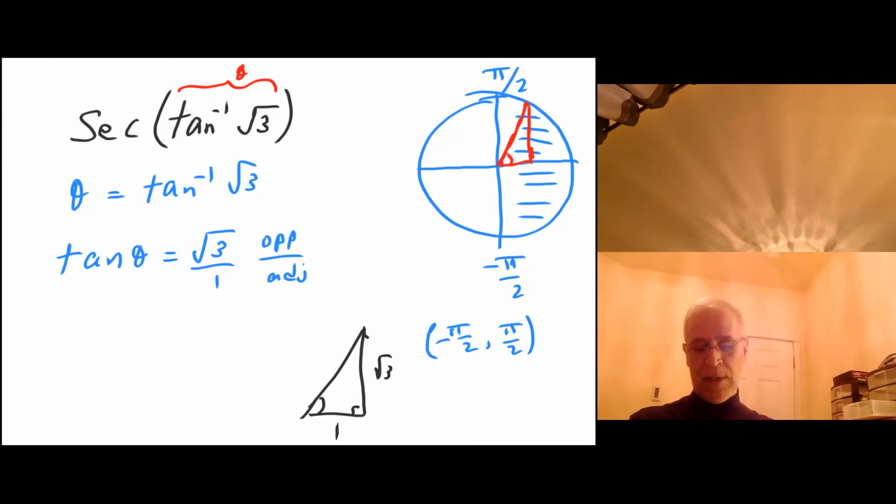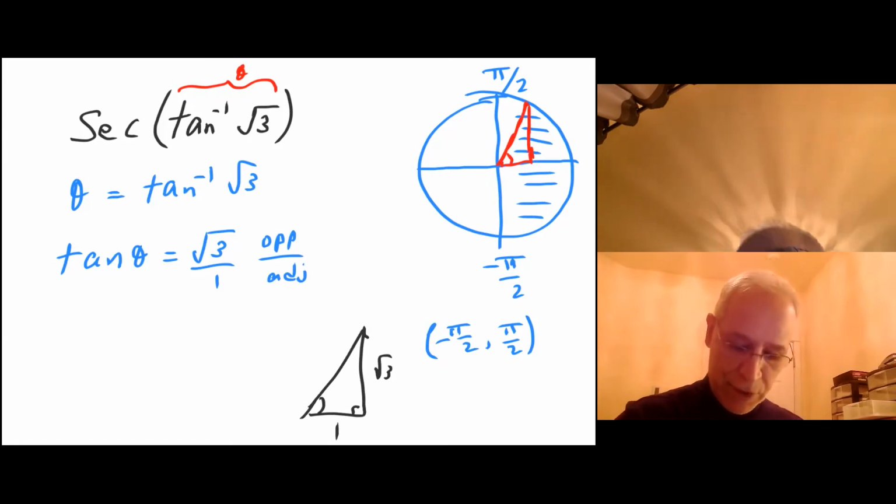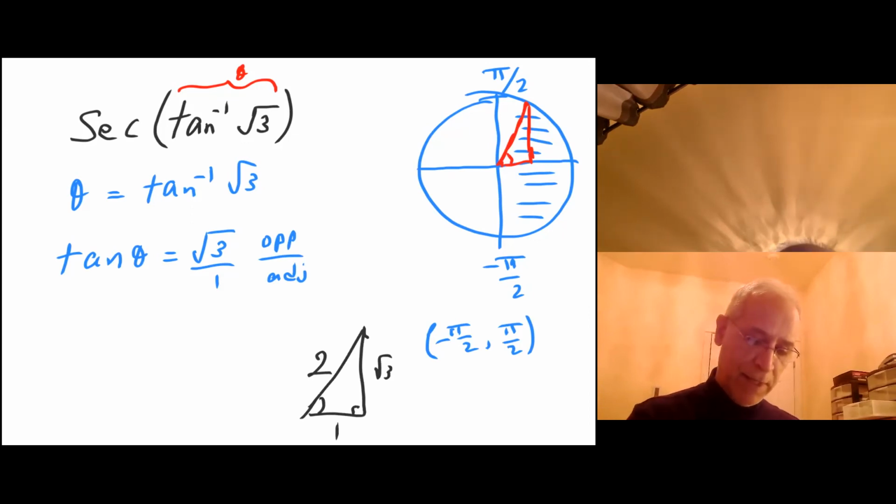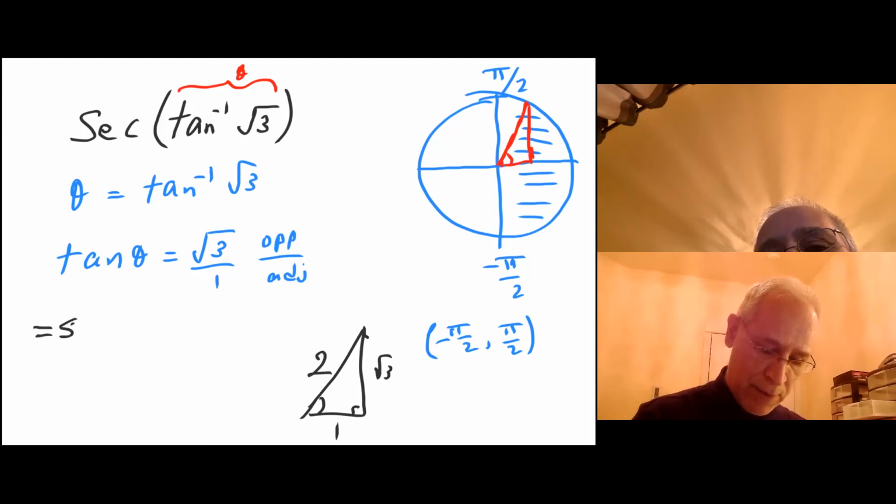Of course, 1 squared is 1 and square root of 3 squared is 3, so I have a 2 for my hypotenuse. So secant of tangent inverse of root 3 equals secant of theta, which is right here.